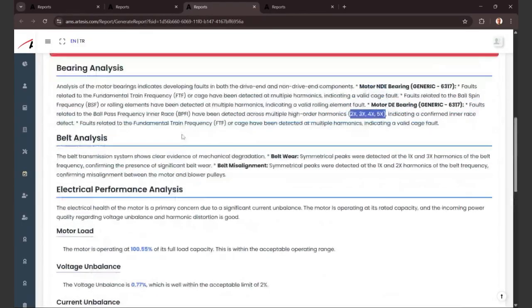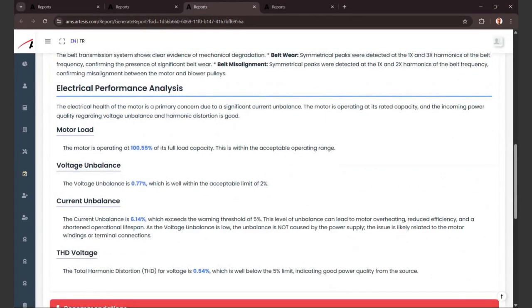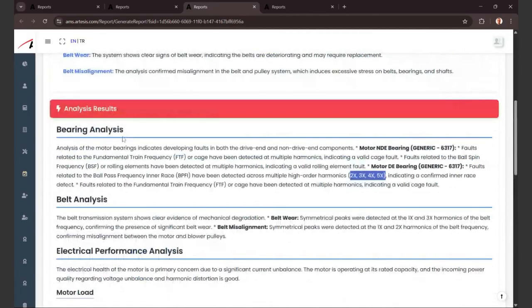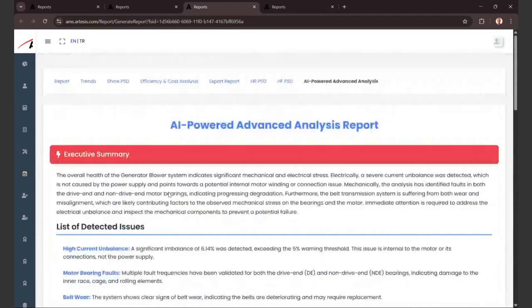Same analysis for belts, and belt wear was clear again from the spectrum and misalignments. The high level electrical performance analysis is giving you an indication that you should investigate the current imbalance and inspect the belt drive system.